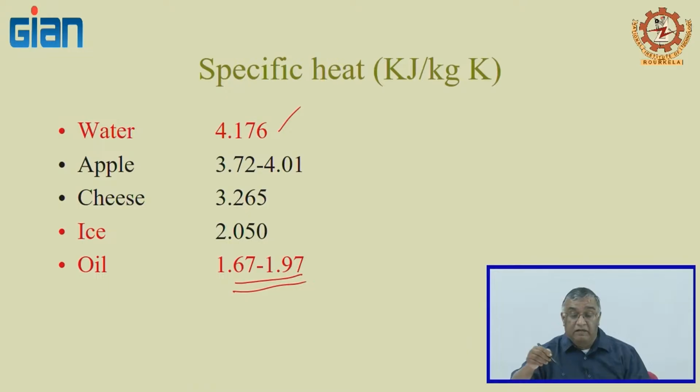In other words, water requires a lot more energy, 4.1 kilojoules, whereas oil requires less heat energy, 1.67 kilojoules. So the heating rates take a different pathway, even though the dielectric properties of oil are lower than water.